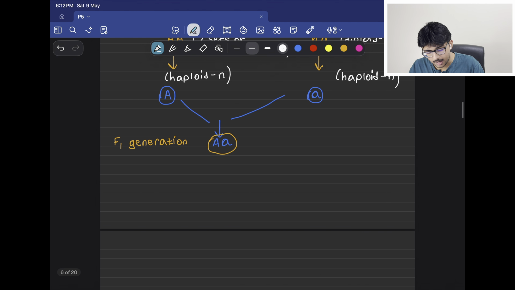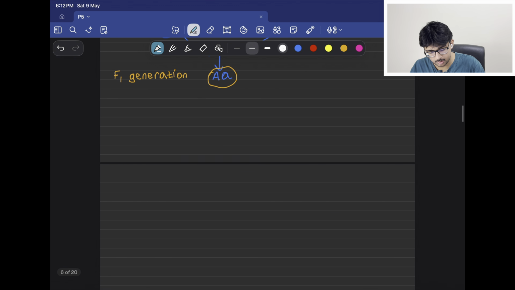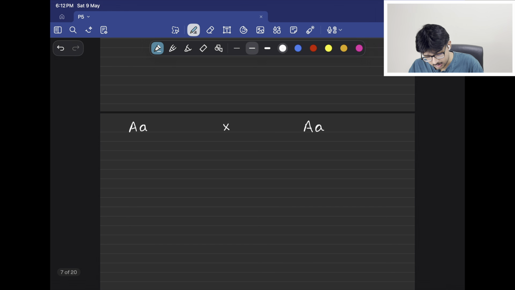Now let's say I take one of the offspring from F1 and then I take another offspring from F1. So it's a capital A, small a and another capital A, small a. And I mate them together. What's going to be produced? The F2 generation.